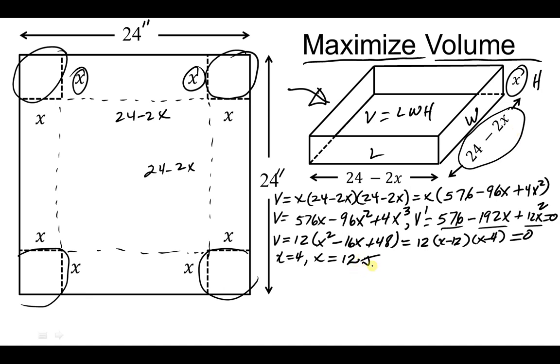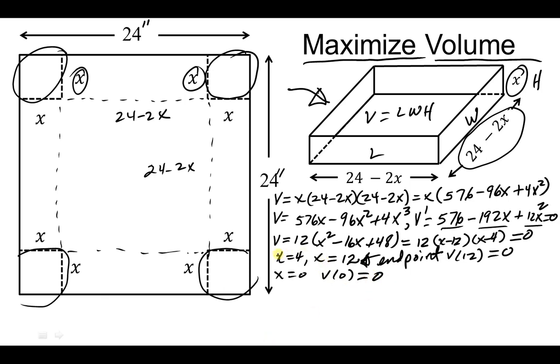So this is a critical value, and it's also an end point. Notice that the volume at x equal 12 is equal to 0. That would give you no box. If you took the other endpoint, which was x equals 0, the volume at 0 would be 0. So the endpoints give you 0 volume.